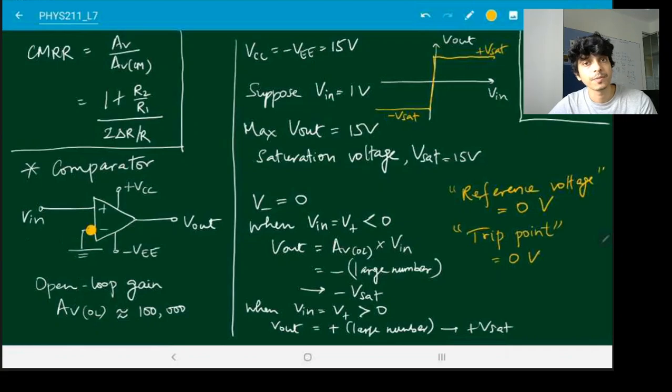Once you cross the trip point, your output will suddenly change state. Your output will trip, so to speak. In this case, the output goes from minus VSAT to plus VSAT. This is an example of a comparator, a non-inverting comparator, because your input was given at the non-inverting terminal.